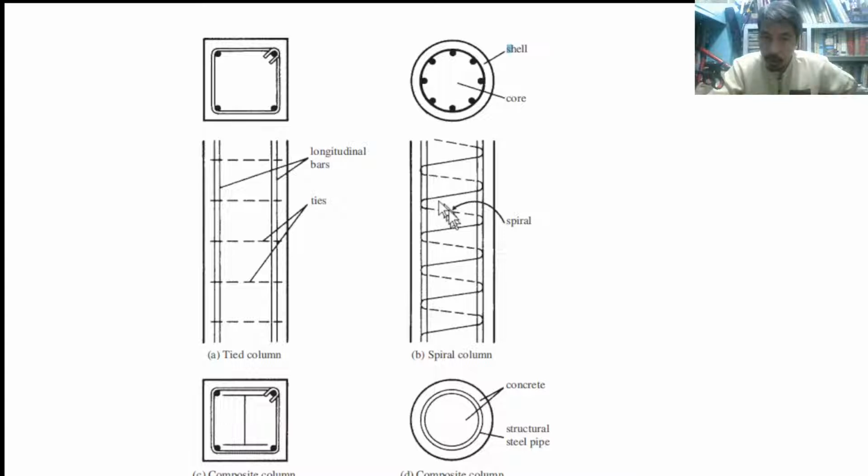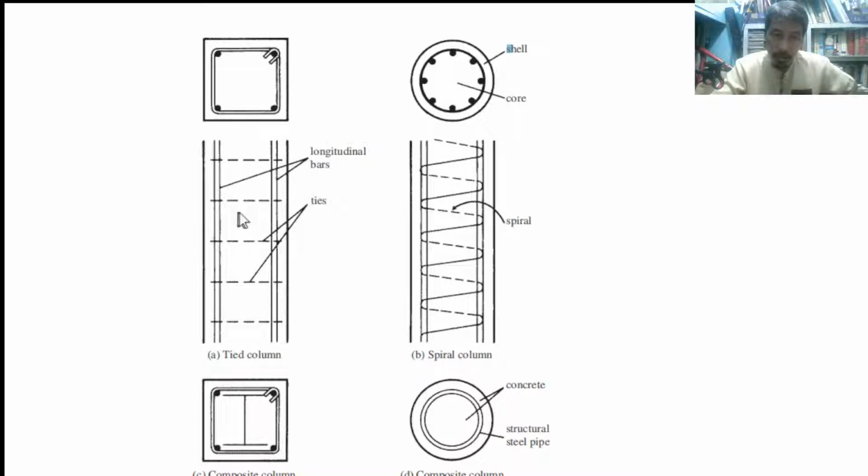So the reinforcement is vertical, of course, the main, but we have the spiral steel secondary reinforcement. Okay. So similarly, for the tied column, we have the main reinforcement and we have what?